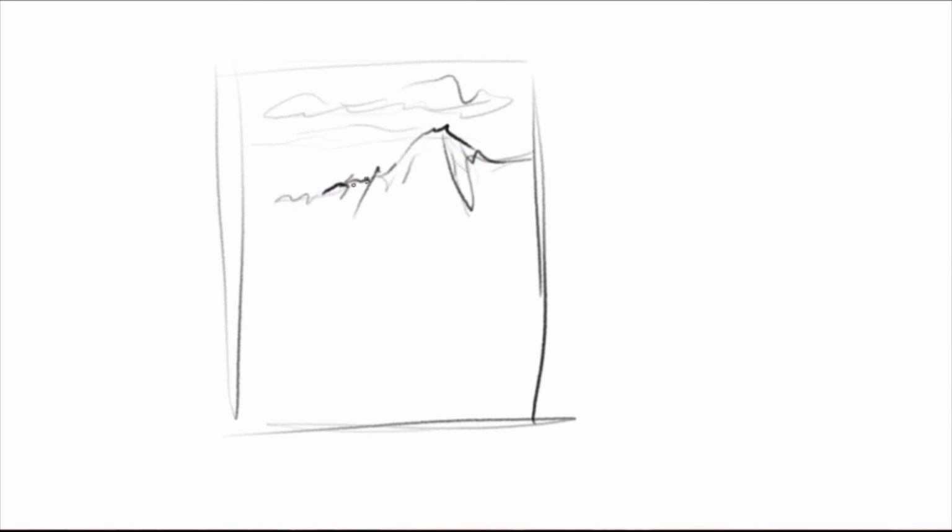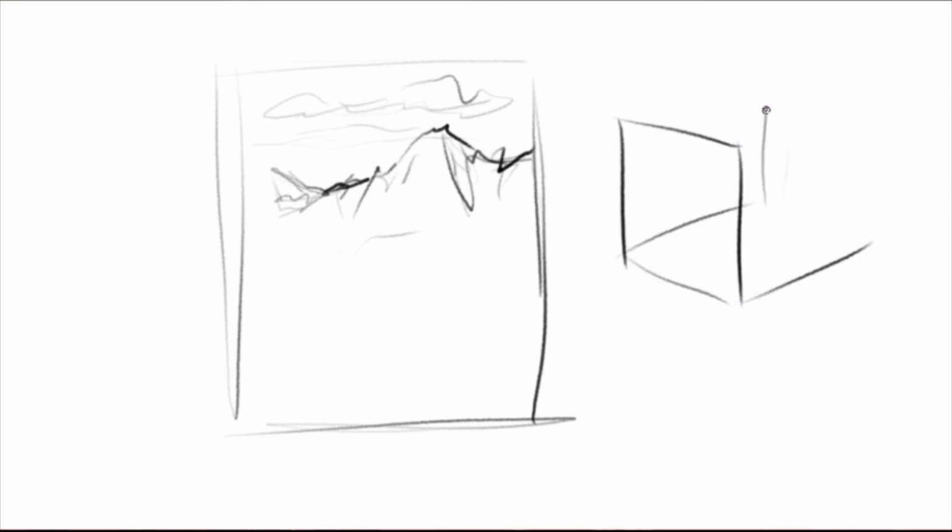Bob Ross lived in Alaska for a long time, so the mountains are very near and dear to him. I'm sure anybody who's lived in Colorado for a long time can empathize with that. So he now has, if I draw my little theater again, he has layers of scenery that he's building towards.